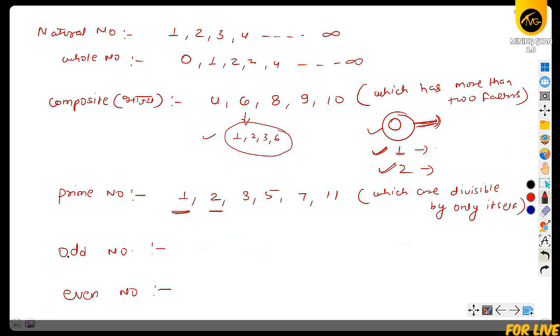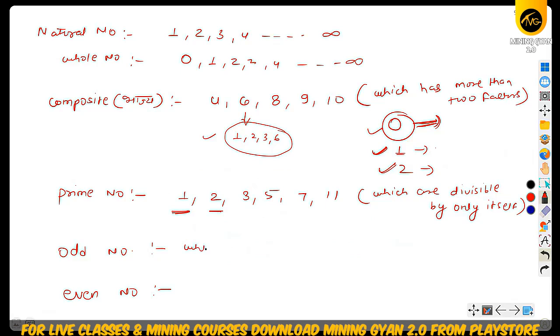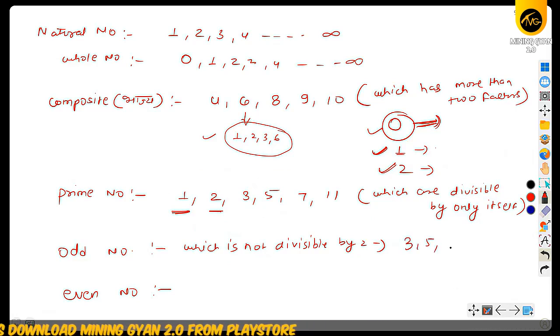Now, what are odd numbers and even numbers? Odd numbers are numbers which are not divisible by 2, for example 3, 5, 7, 9, and so on.